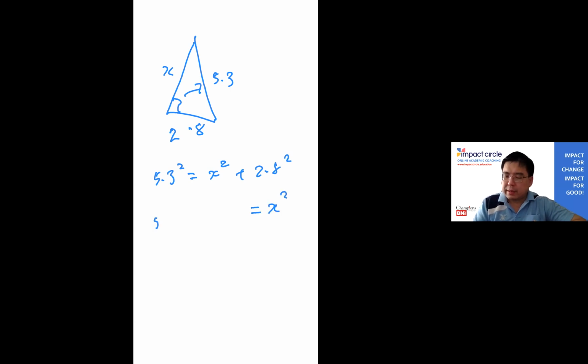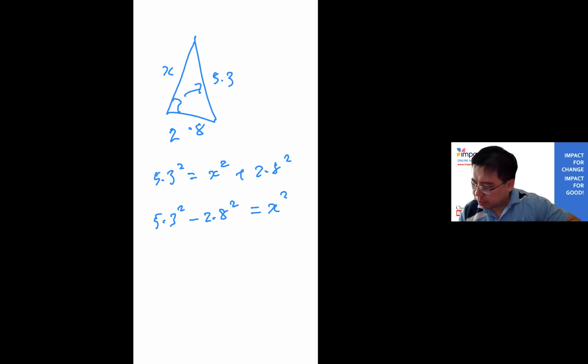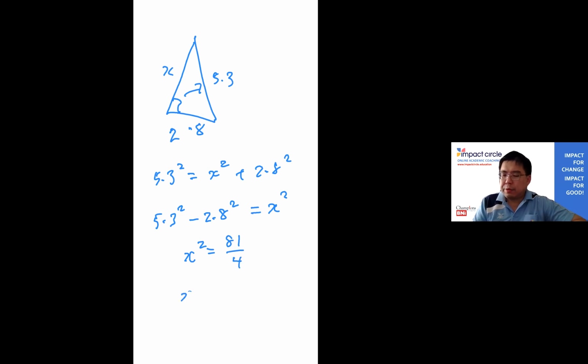Bringing it over to the other side, you will have to subtract 2.8 squared, and this will give you 5.3 squared minus 2.8 squared, which will be x squared equals 81 over 4. Square rooting both sides, you will get x equals 9 over 2, or you can also leave it as 4.5.